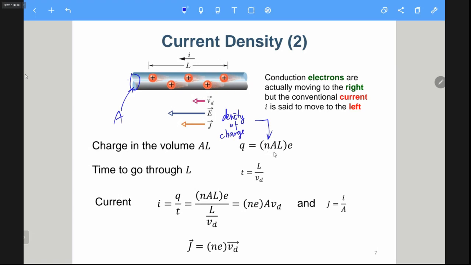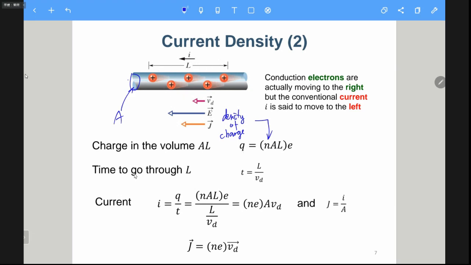So nAL is the number of charges inside this volume, and multiplied by the elementary charge e, that is the total charge in this volume.